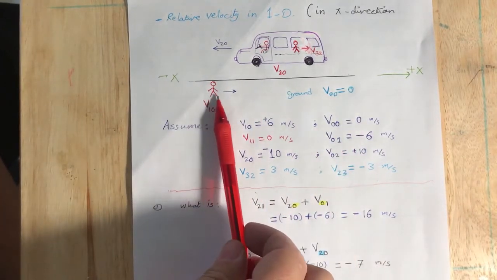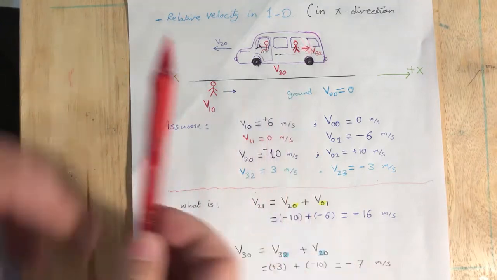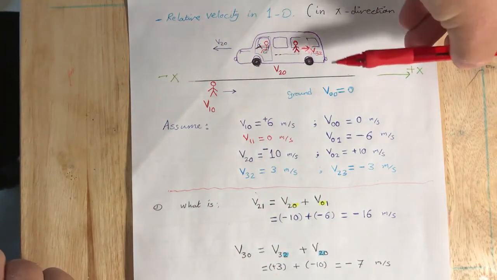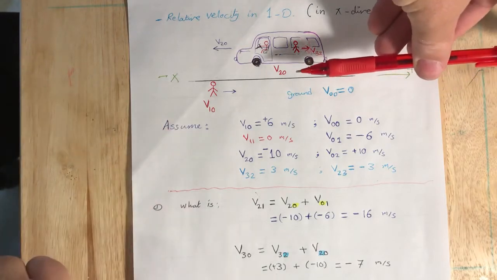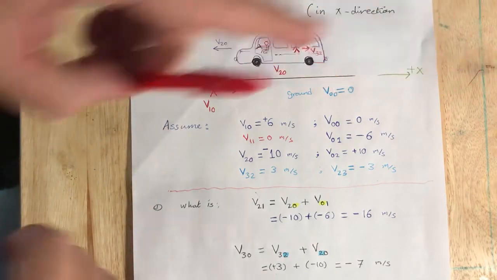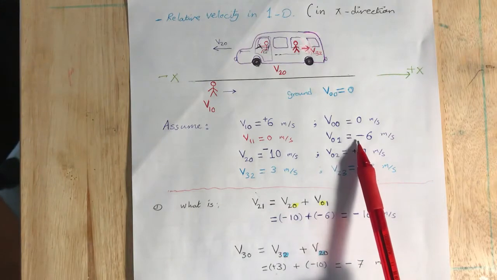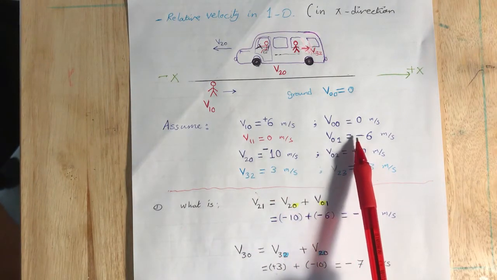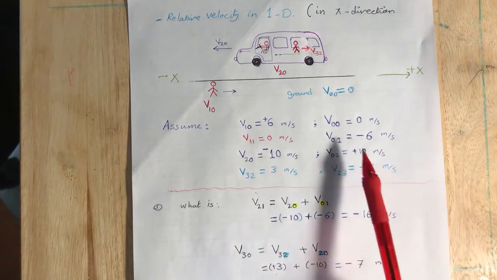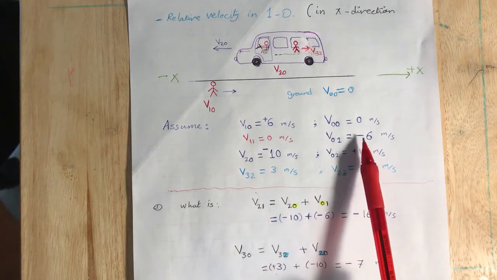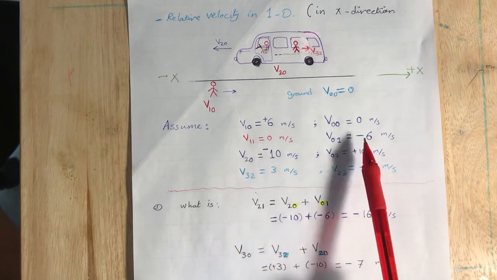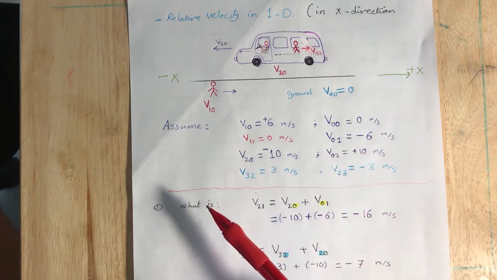If the man moves in this direction with velocity positive 6, then the ground seems to move with respect to the man with velocity negative 6. So if we change the indices, then we need to change the reference points, and then we need to change the sign of the argument.